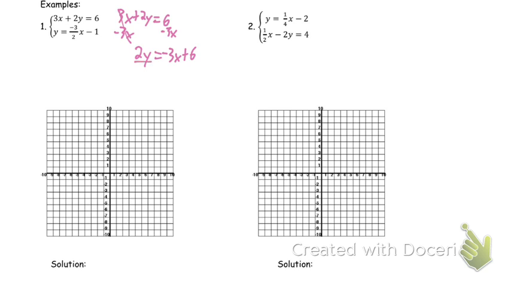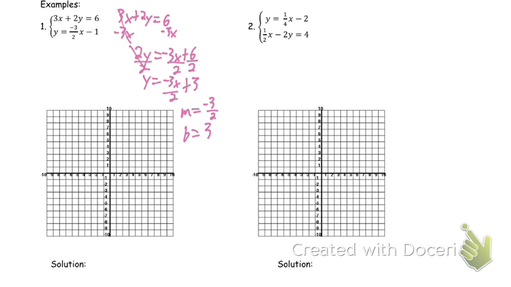Divide by 2. 2y divided by 2 is y. Do negative 3x and 2 simplify? Okay, so it's just negative 3x over 2. Does 6 and 2 simplify? Yeah, to 3. So what's my m and what's my b? My m is negative 3 over 2 and my b is 3.